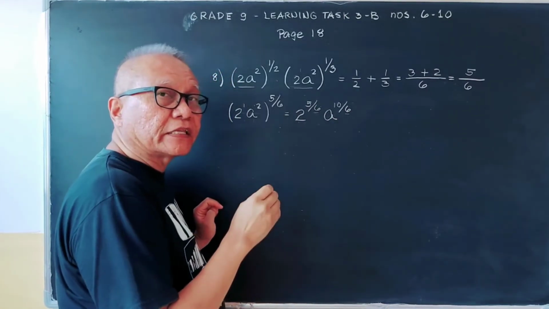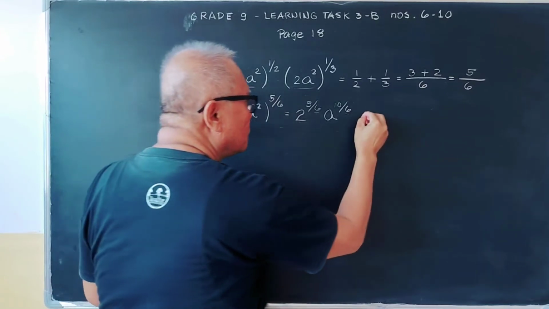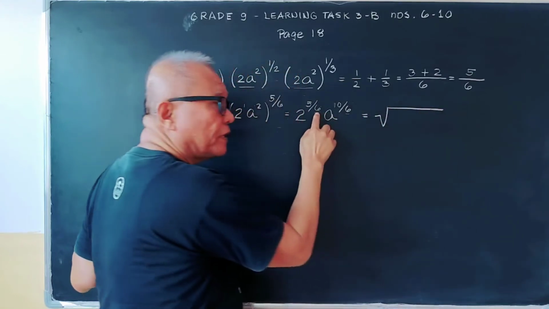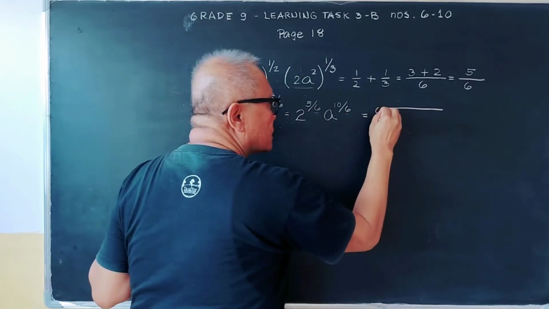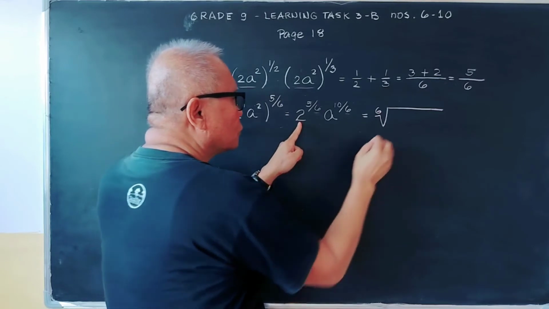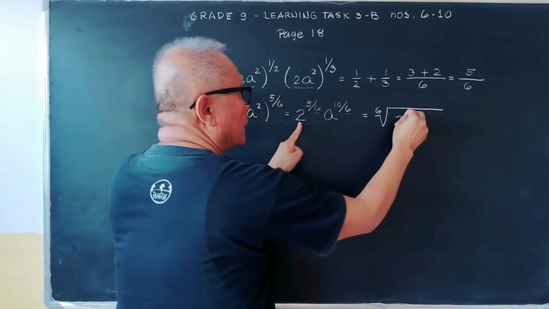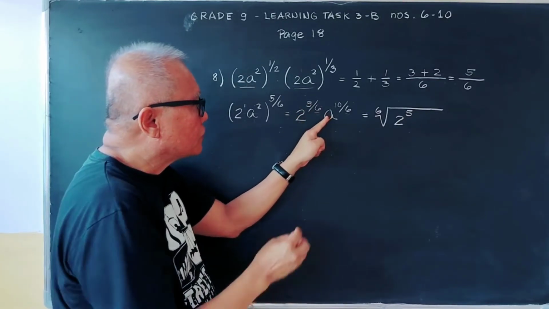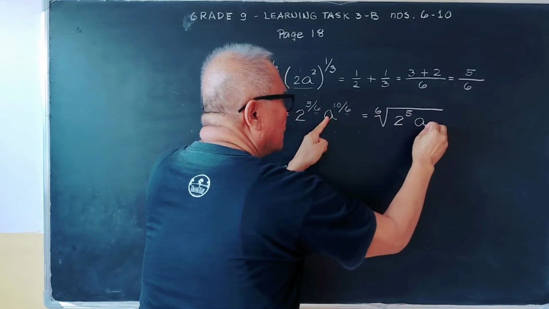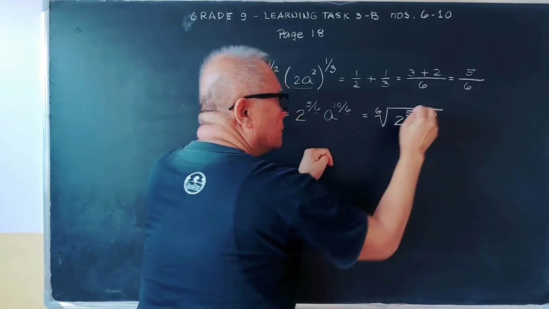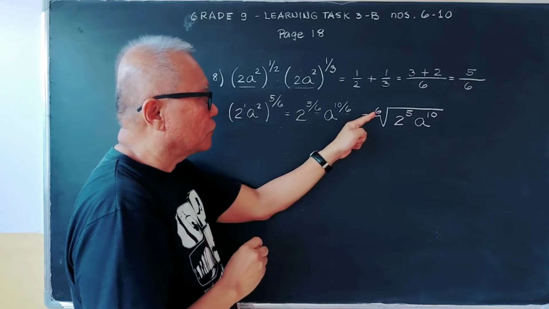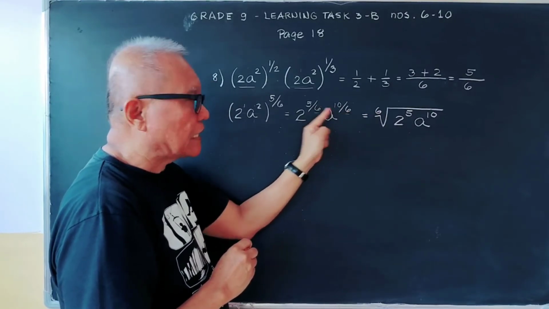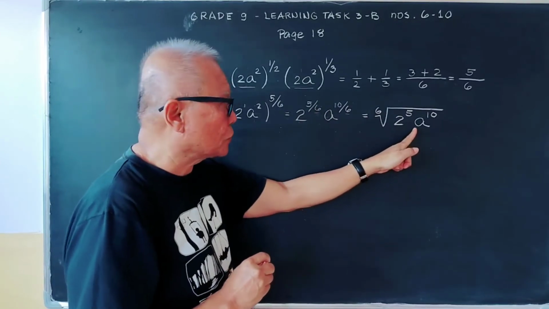Gawin nating radical form. So, kung sa radical form, pareho silang 6th root. Denominator 6, 6. So, 6th root sila. Itong 2 raised to the 5th. Exponent yung 5 kasi yung numerator dito. Doon sa a, raised to the 10th. Okay? Pareho silang 6th root. So, wag na nyo i-lowest term ito.